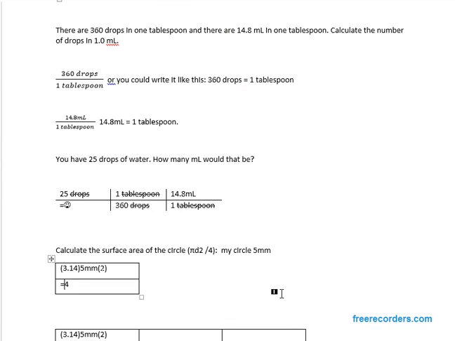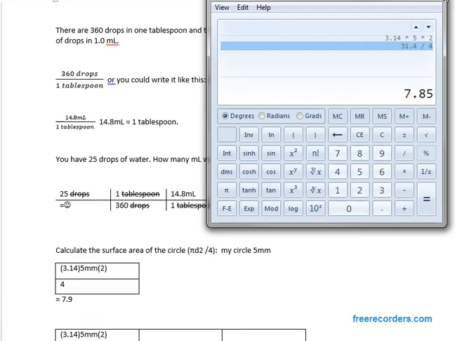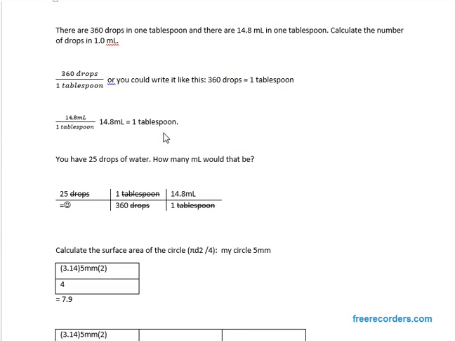So that would be equal to 7.9, I'm rounding that up. 7.9 millimeters is my surface area for my circle.